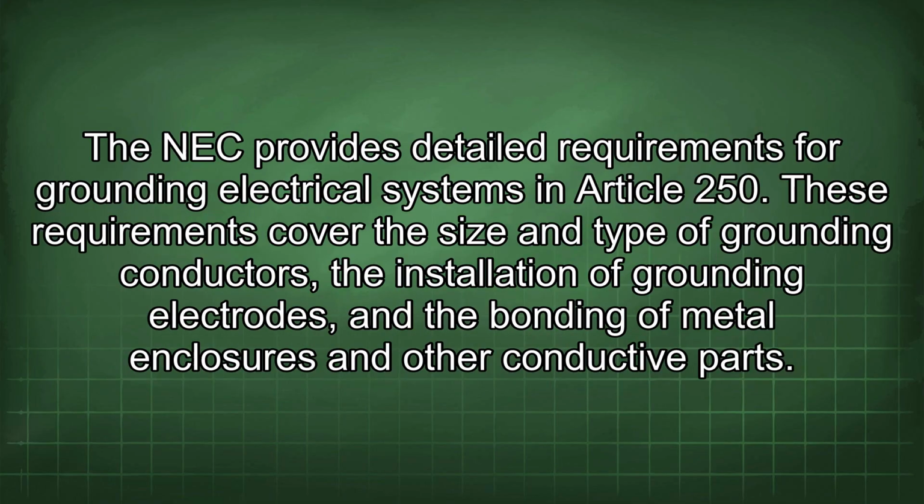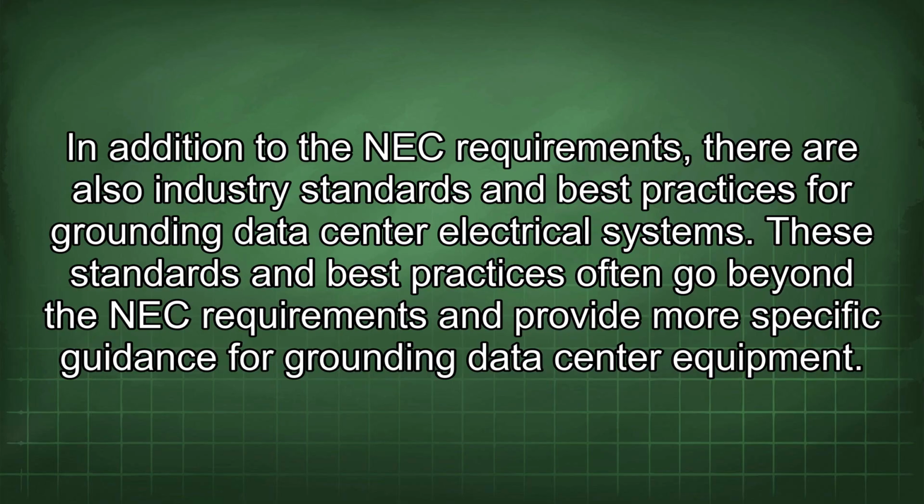The NEC provides detailed requirements for grounding electrical systems in Article 250. These requirements cover the size and type of grounding conductors, the installation of grounding electrodes, and the bonding of metal enclosures and other conductive parts. In addition to the NEC requirements, there are also industry standards and best practices for grounding data center electrical systems.